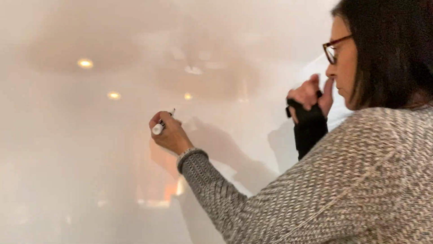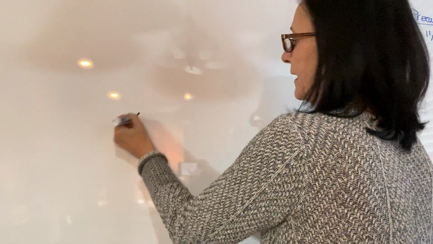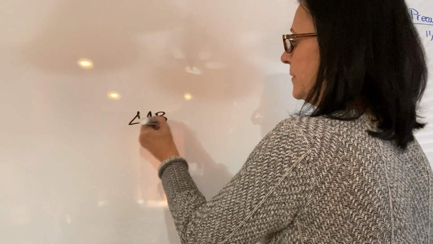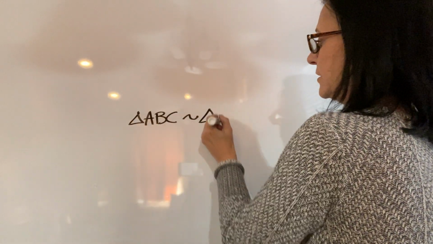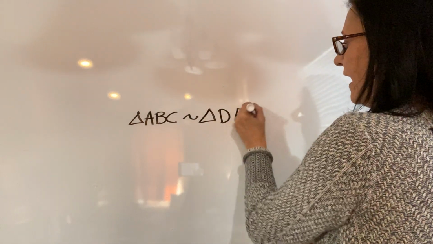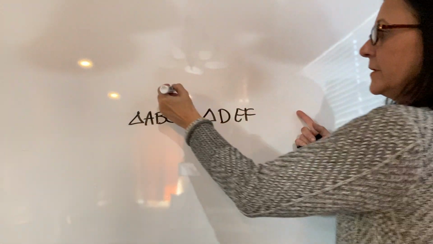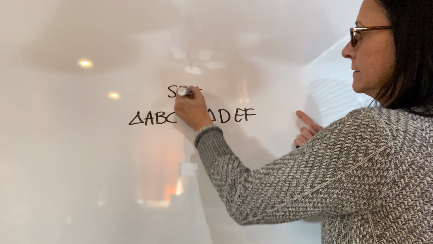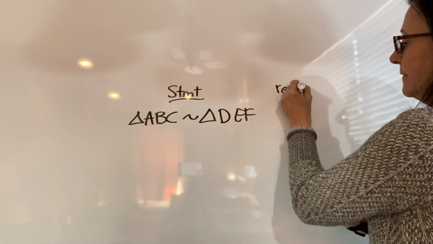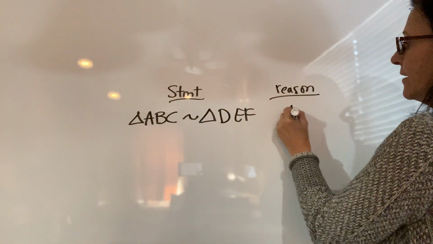So we're going to be given some information, and we're going to want to get to the place that says triangle ABC is similar to triangle DEF. This is going to be your statement. Your reason always has to be angle, angle.